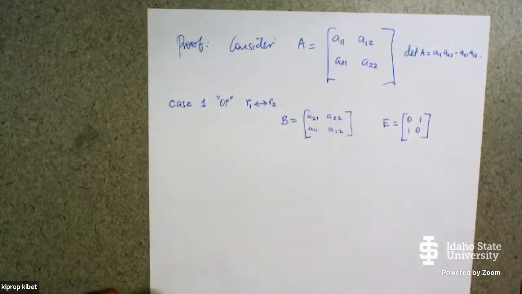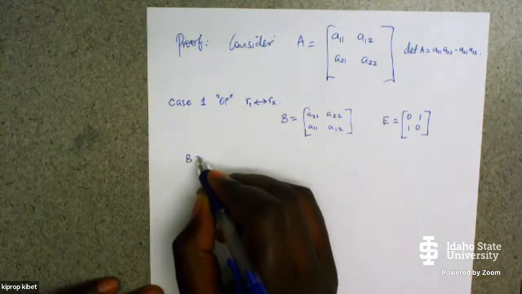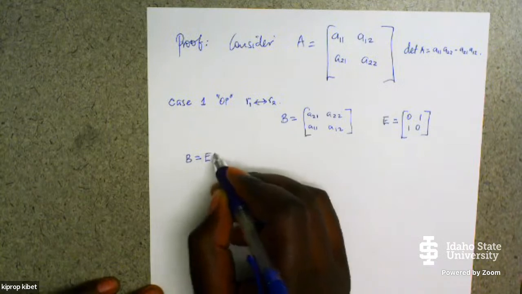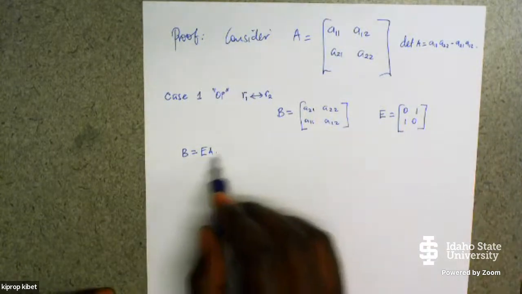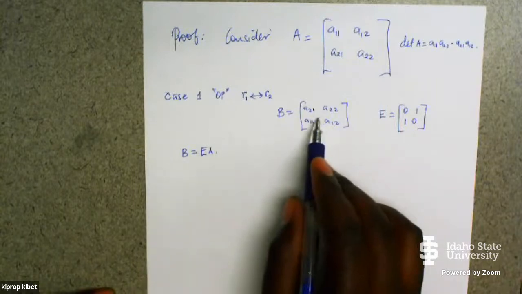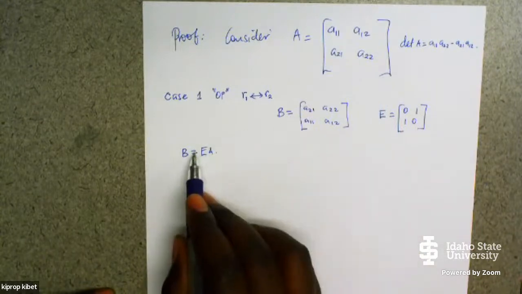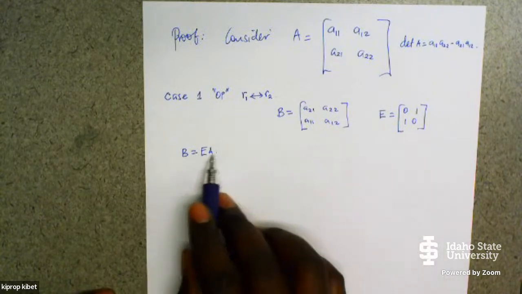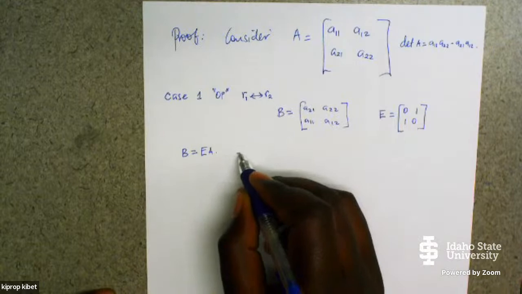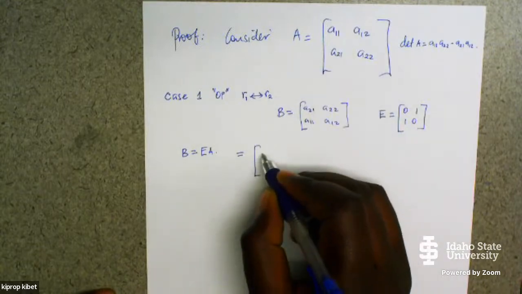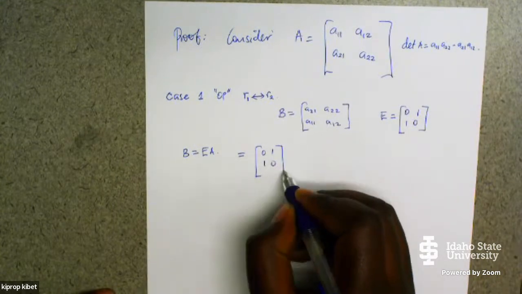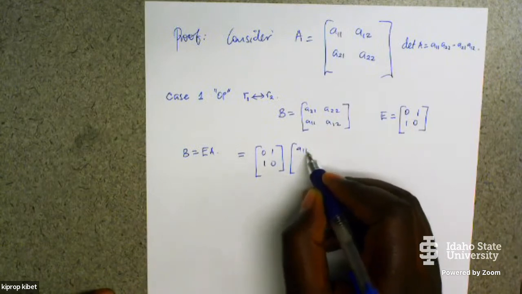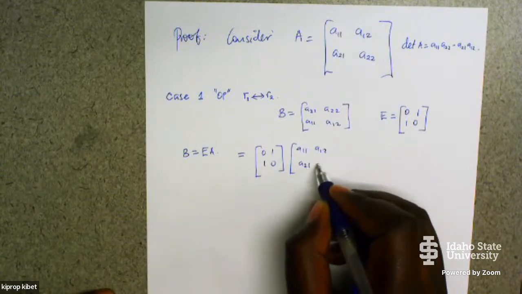Now let us see whether B is equal to EA. We have E, first of all, as 0, 1, 1, 0, and let's multiply this by A11, A12, A21, A22.